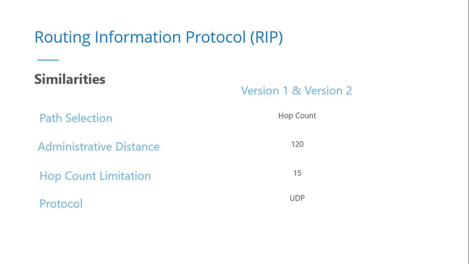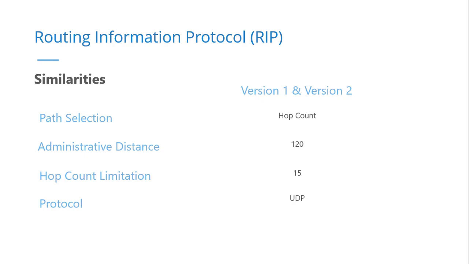Next, we also have the administrative distance. Administrative distance is a specific number assigned to a specific route to determine which route would be a better route or not. The default assigned is 120 for versions 1 and 2.